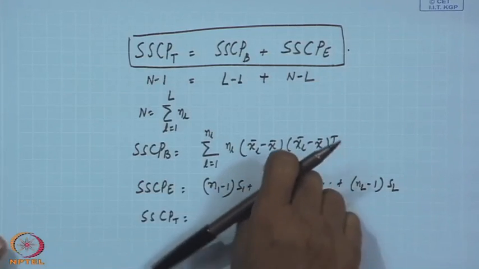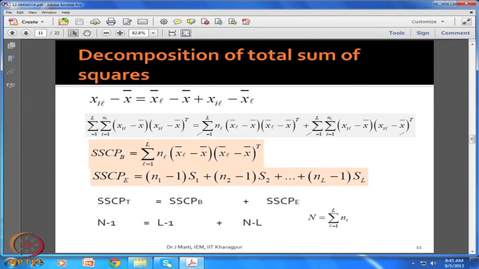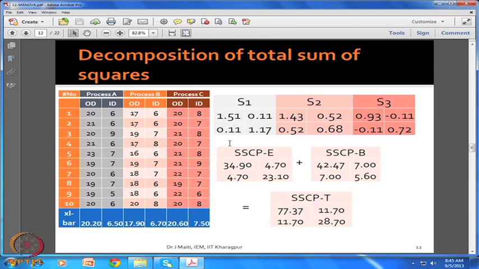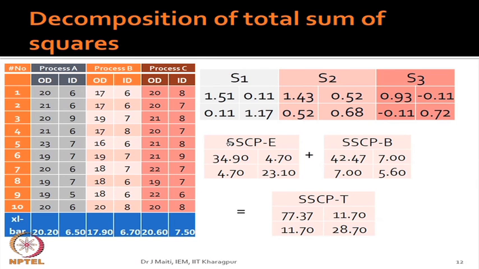Okay. So, now let us see one problem that we discussed in the last class. There are three processes A, B and C, and we have sampled 10 observations from all the processes and two variables, outer diameter and inner diameter.